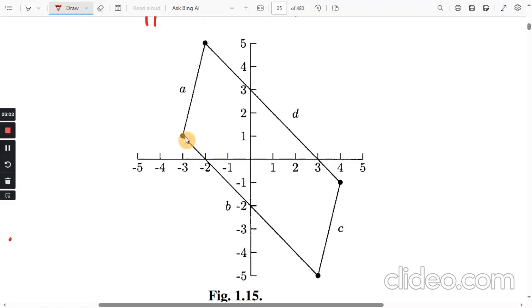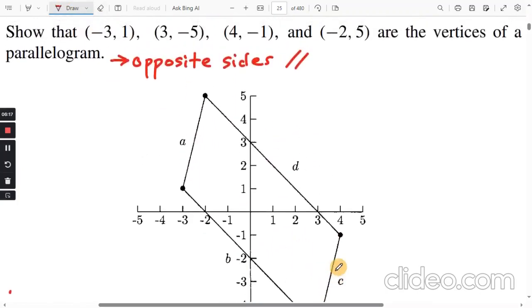You don't want to find the slope from here to here and here to here. All right, that's useless. So we need to find the slopes of the sides. All right, and we have to make sure that we're doing that. All right, so just looking at it, negative 3, 1 is this point right here, so I'll call that point A.